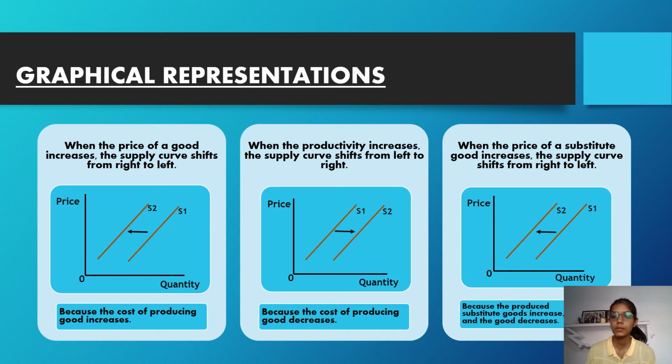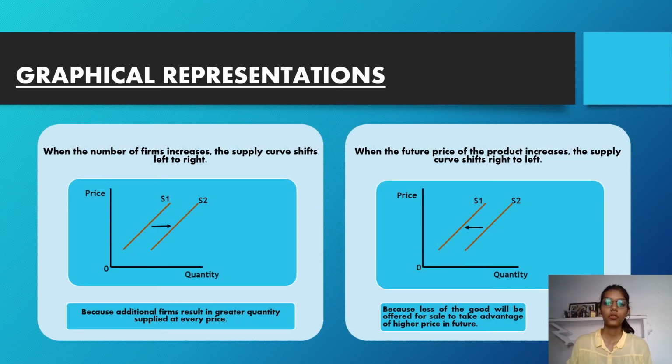When the price of a substitute good increases, the supply shifts right to left and it shows a decrease. When the number of firms entering a market increases, the supply curve shifts left to right as it also increases, because the additional firms result in greater quantity supplied at every point of price.